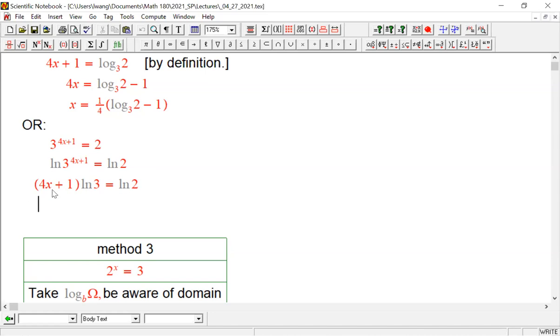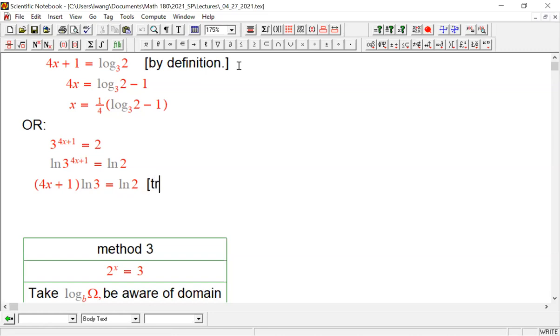And now x is the variable we want to isolate. There are a number of different ways to do this. But before we do it, you must treat ln 3 and ln 2 as a single number.